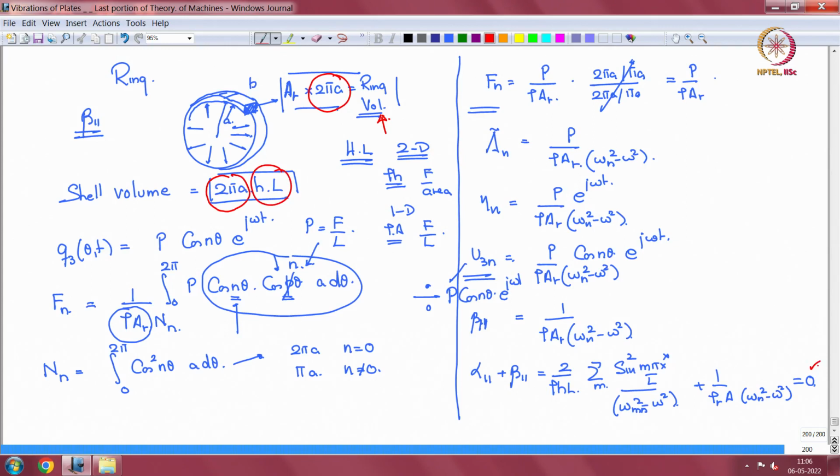So, because there is a 0 here, I will divide by twice pi A and twice pi A. So, this is the mass of the ring, and this is the mass of the shell.